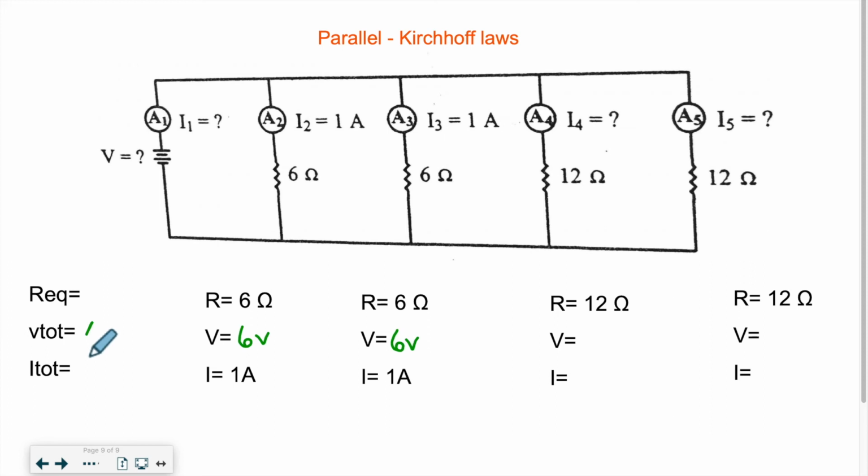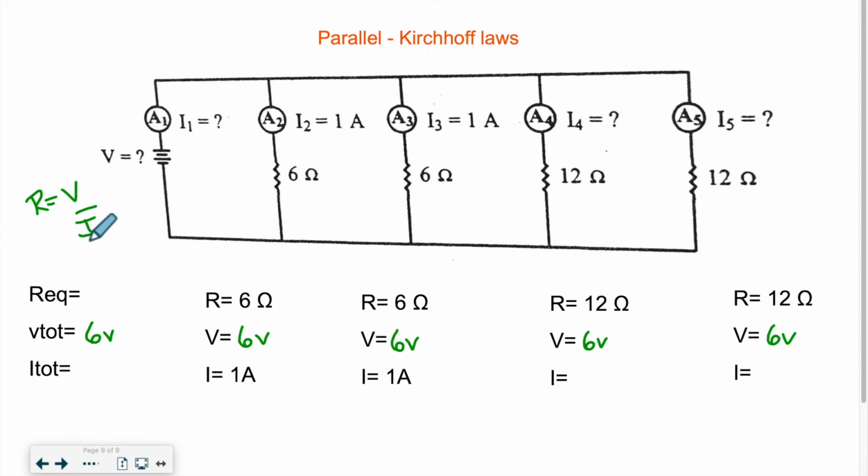So that means I now know that this is 6 volts, this is 6 volts, and this is 6 volts as well. Now that I have 2 out of 3, I can solve for the missing current over here. So V over R, right? Because if I have R is equal to V over I, that means I would go here and R would go at the bottom.